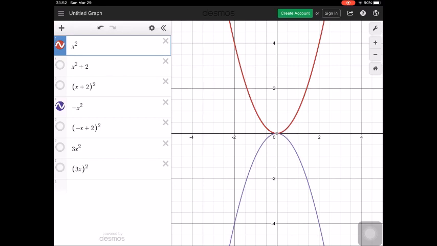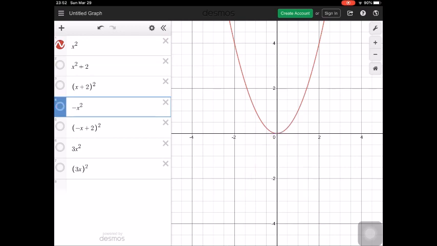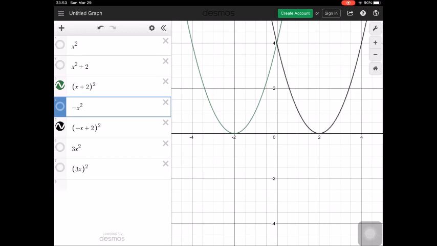Then, let's erase this one. What do you think should happen when I plot function number 5, which is (minus x plus 2) squared? I'm gonna graph this one over here just for you to see the difference. If I graph this function, we're gonna get this mirror over here. In this case, we're having a reflection, but a reflection with respect to the y-axis.